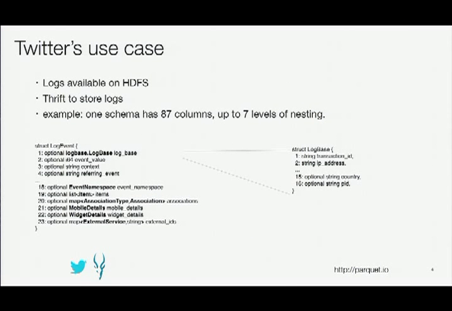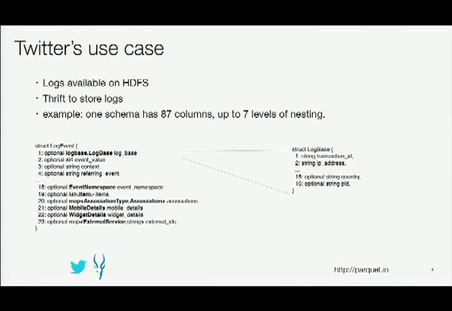So for Twitter's use case, here is an example of one of our big schemas. We use Thrift to store logs, and Thrift lets you describe structures and how you store your data. So here's an example, and it's pretty big. It has 87 columns and up to 7 levels of nesting. That represents one of our real-world use cases of how we store data on HDFS, and it's deeply nested.